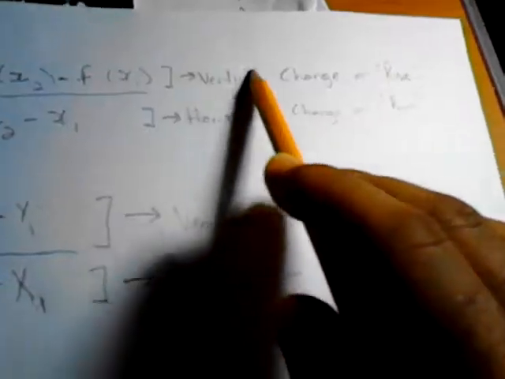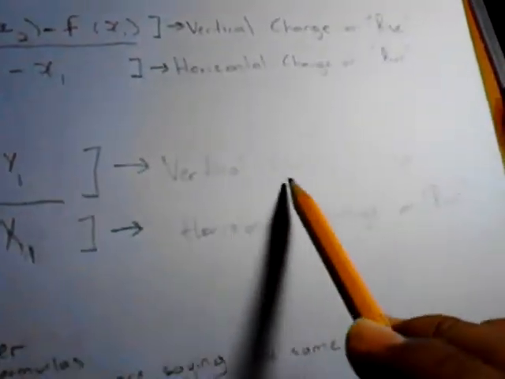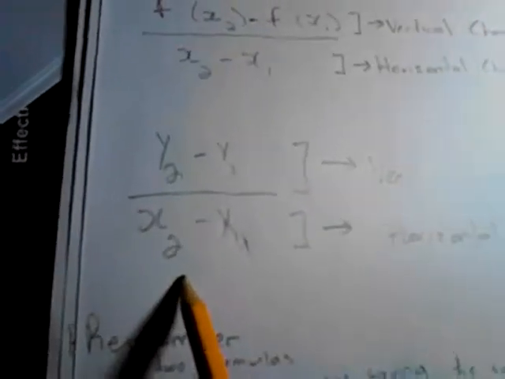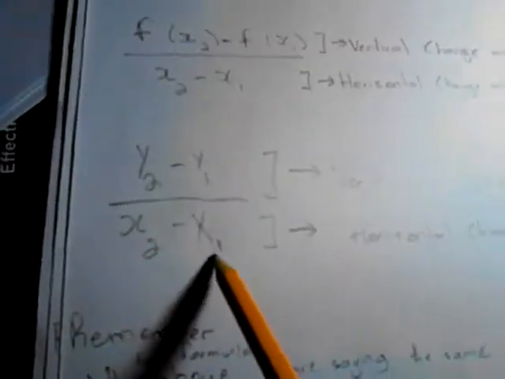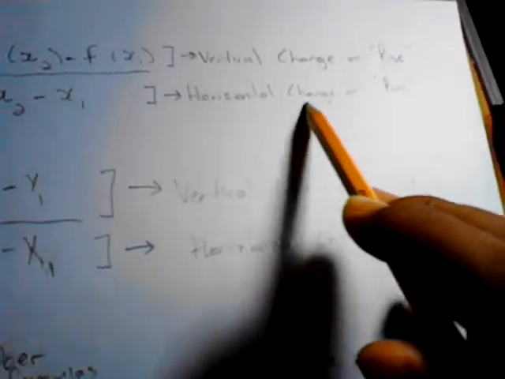If you realize, this is the numerator here and this is the numerator here, and both of them are the vertical change, or rise. We have the denominator here and the denominator here, and both of those denominators say the same thing, the horizontal change, or run, and that's all it relates back to.